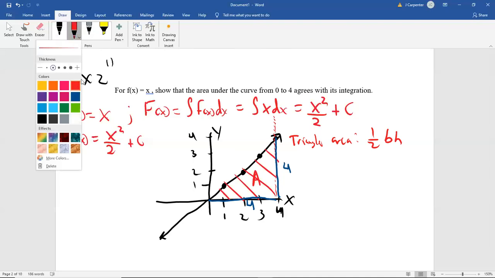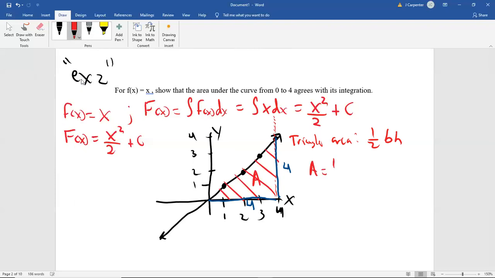So that area should be 1/2 of 4 times 4. Half of 4 is 2, 2 times 4 is 8. So the area under this, quote, curve or line, as it is this time, is 8.